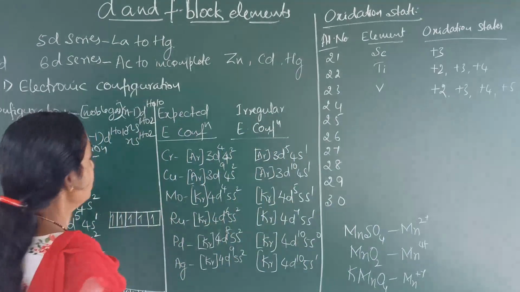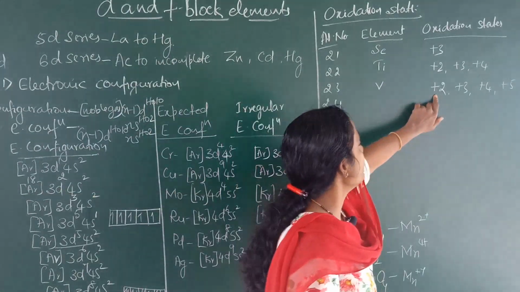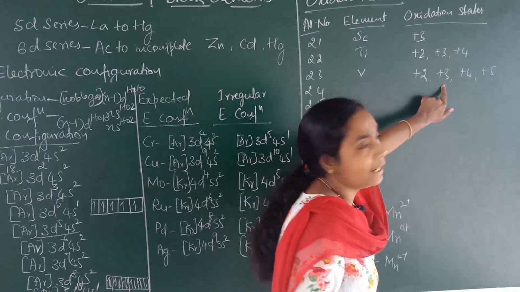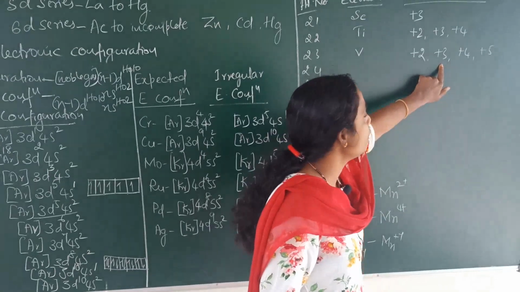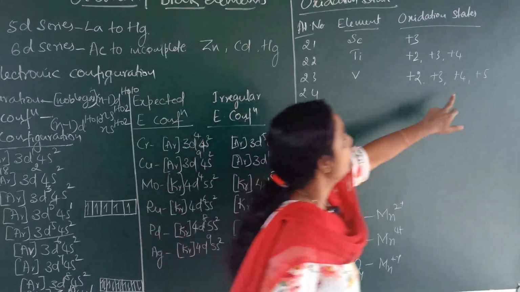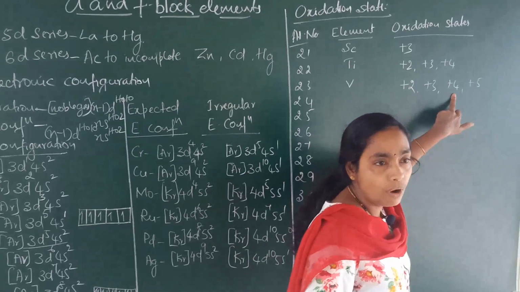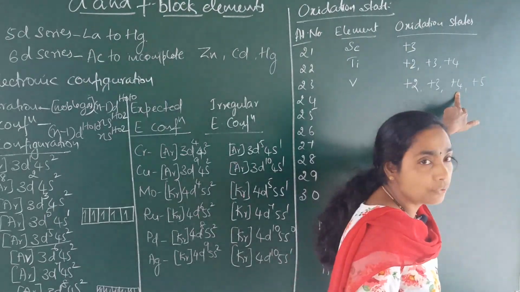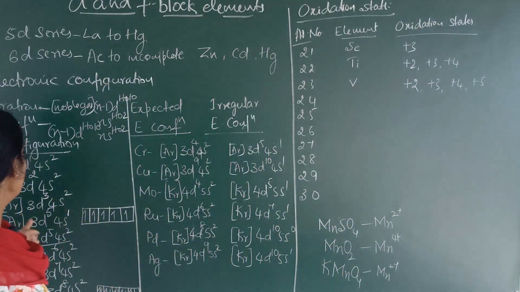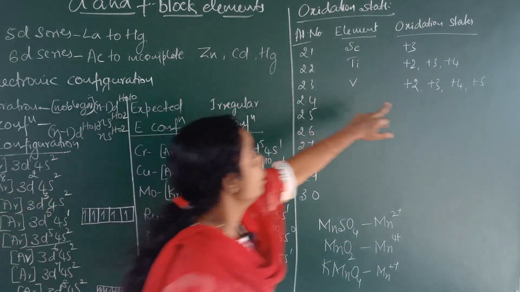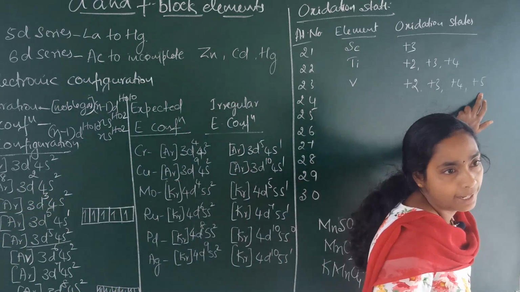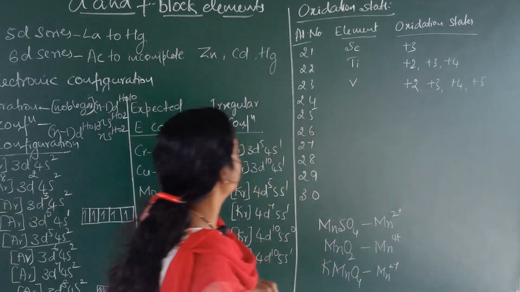Same way, if only 2 s electrons are involved, +2 oxidation state; 2 s electrons plus 1 d electron involved in the chemical bonding process, +3 oxidation state; 2 s electrons and 2 3d electrons involved in the chemical bonding, then +4; and 2 s electrons and 3 3d electrons are involved, then +5.